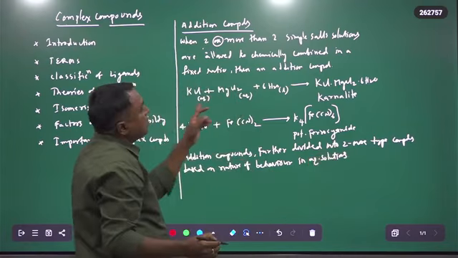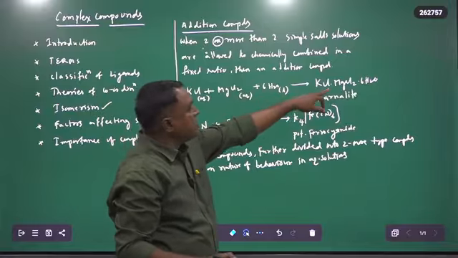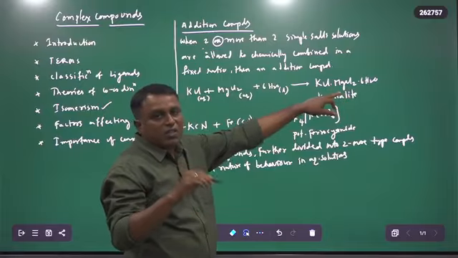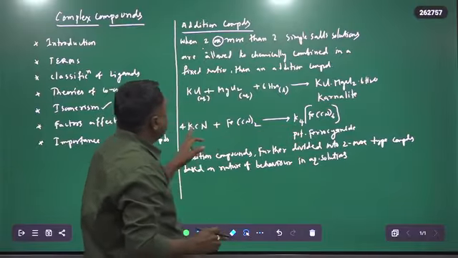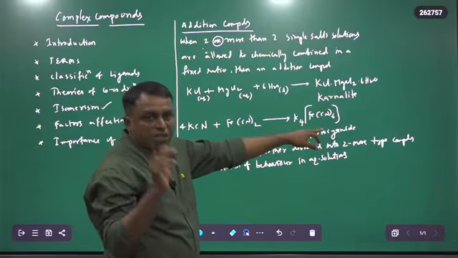For example, when you take carnallite, KCl.MgCl2.6H2O, and dissolve it in water, its behavior is different from K4[Fe(CN)6] when dissolved in water.